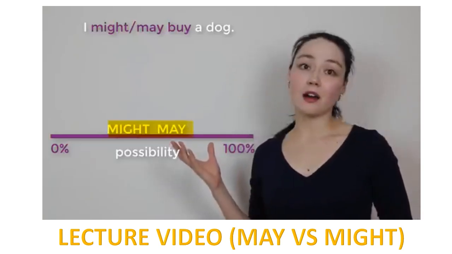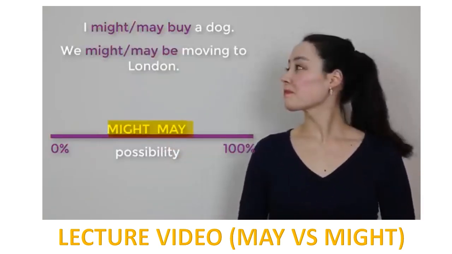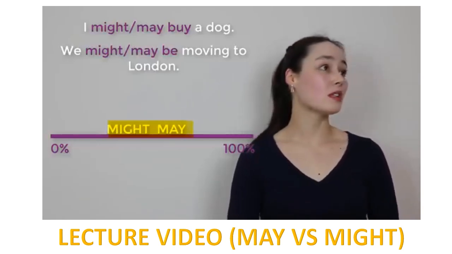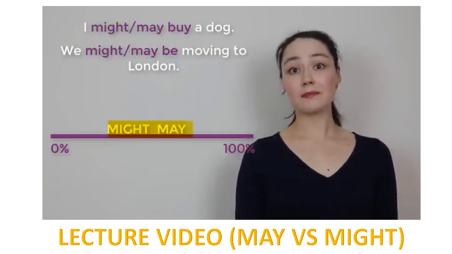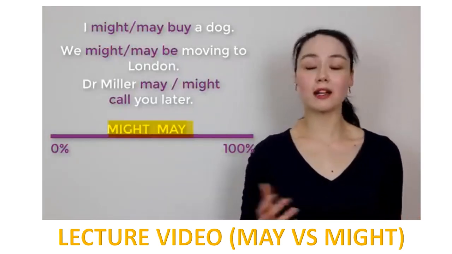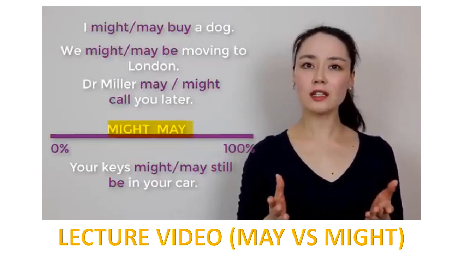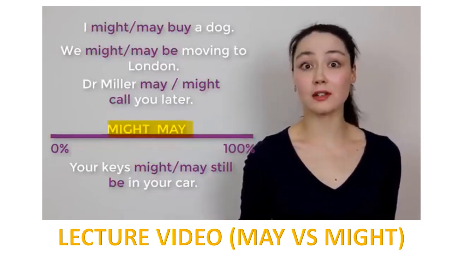I might buy a dog, I may buy a dog, it's the same. We might be moving to London, we may be moving to London, it's the same. Dr. Miller may call you later, Dr. Miller might call you later. Your keys might still be in your car. Your keys may still be in your car.